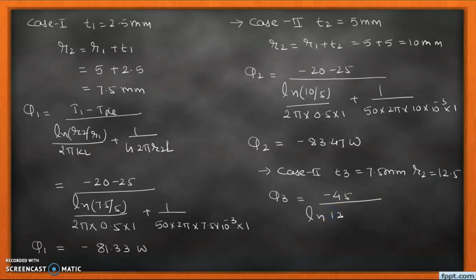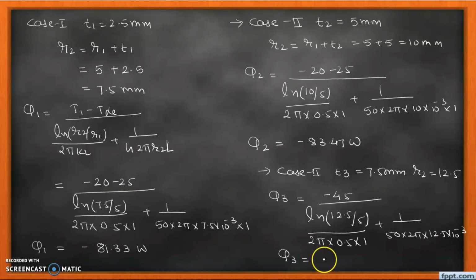So we get 12.5 divided by 5, whole divided by 2 pi, k is 0.5 and L is 1, plus 1 upon h, which is 50, into 2 pi into R2, which is 12.5 into 10 to the power minus 3. So we get the value of Q3, which is minus 82.406 watt.